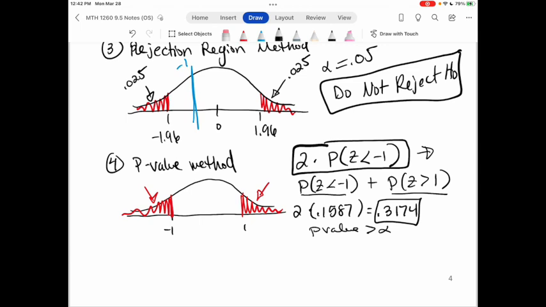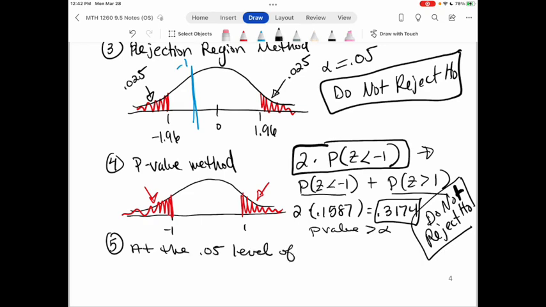Now, because your p-value is greater than your alpha, our alpha was 0.05 and our p-value is 0.3, so our p-value is greater than our alpha. So we would say do not reject the null hypothesis.